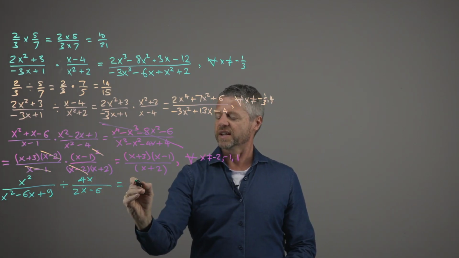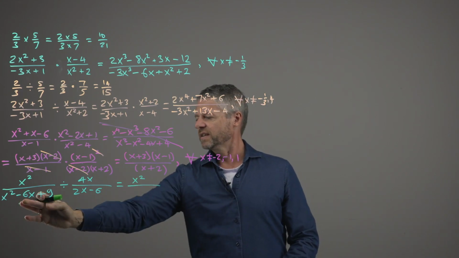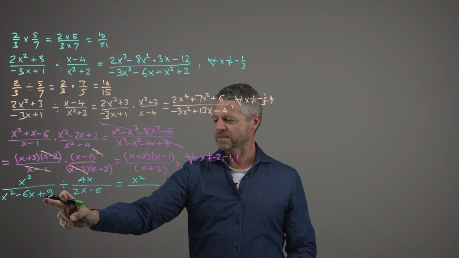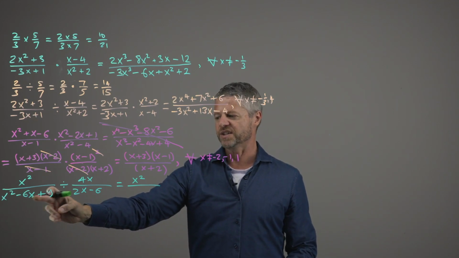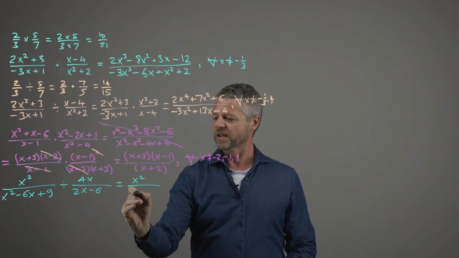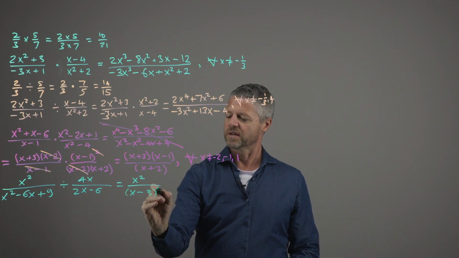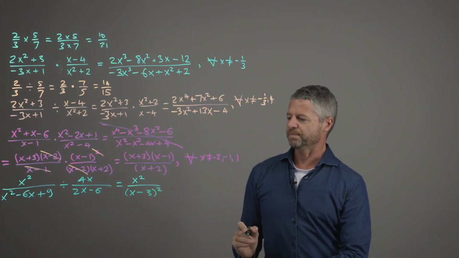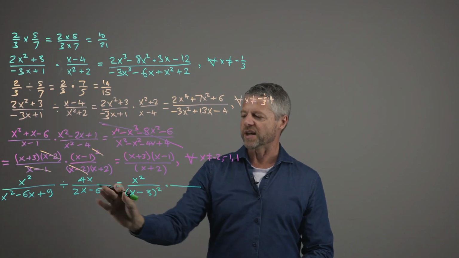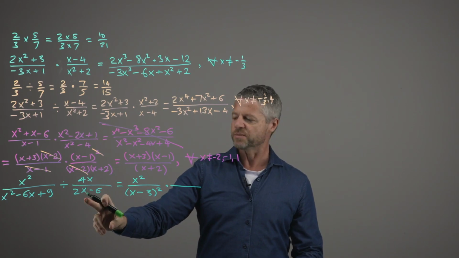So I'm going to have x squared, and then see if I can factor this quadratic here. Two numbers that multiply to give me plus 9 and add to give me minus 6. So I think minus 3. x minus 3 squared would do that. And then I'm multiplying by, I've got to take the reciprocal of this second rational expression.